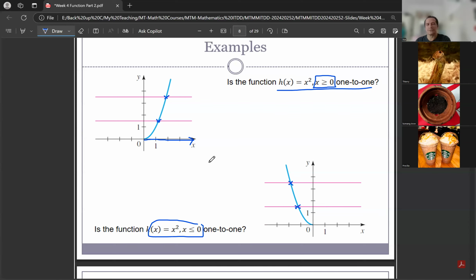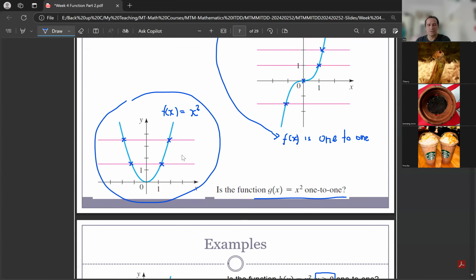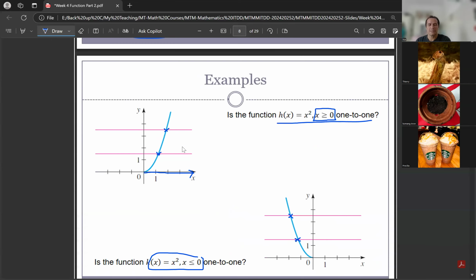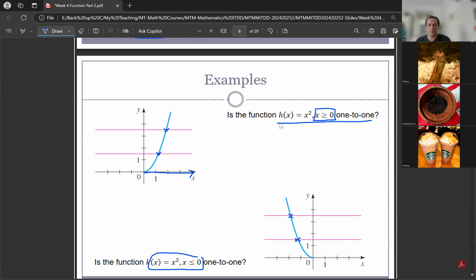So we can make a limitation from a not one-to-one function, and the restriction makes the function become one-to-one.